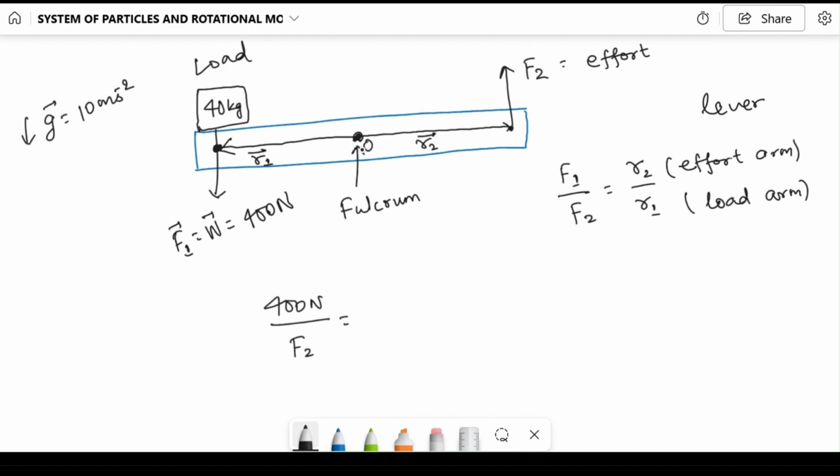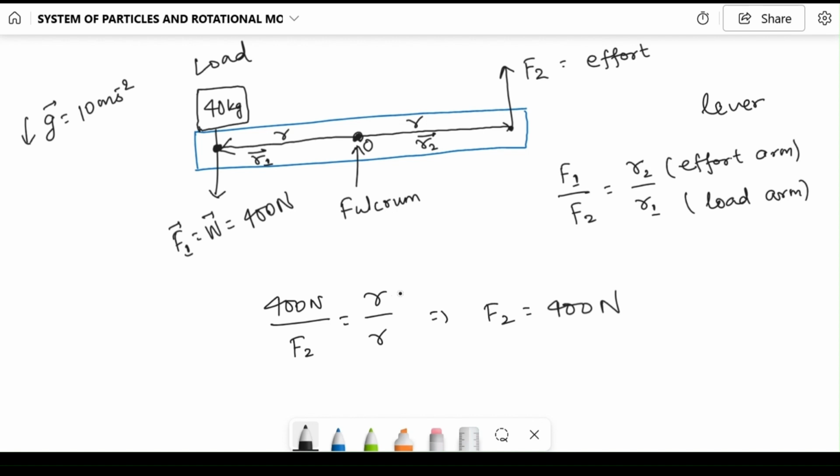If this is exactly in the middle, let's say this length is R and this length is also R, then it will be R divided by R, and F2 should be, I'm writing magnitudes only here, 400 Newton. So to balance a mass of 40 kg, that is a weight of 400 Newton, we need to apply 400 Newton.